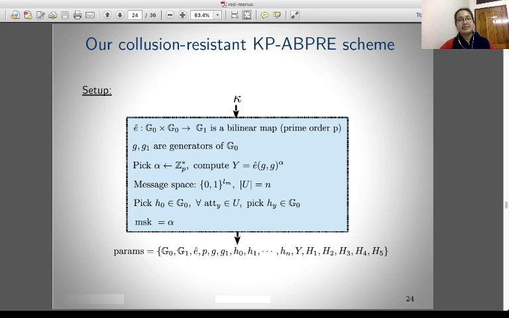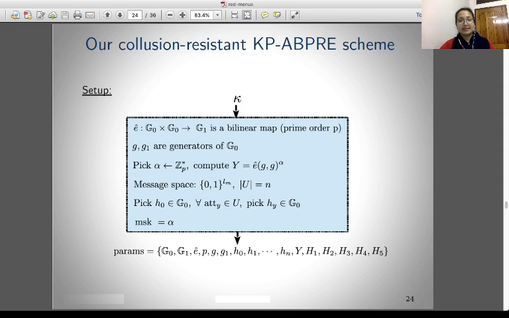Our collusion resistant KP-ABPRE scheme consists of the following algorithms. In the setup algorithm, an admissible bilinear pairing e is chosen, where G0 is the source group and G1 is the target group, both of prime order p. G is a generator of the source group. It next picks a random exponent alpha, sets it as the master secret key, and computes the public value y.